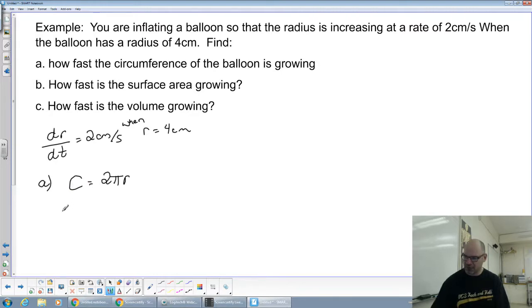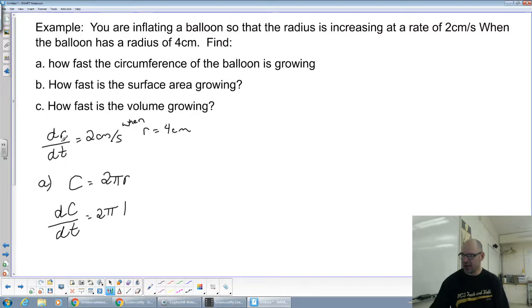So what we do is we take this and we go dc dt. We want the circumference rate change with time, which we do know is going to be dc dt. And now we take the derivative of this with respect to r. So if you're thinking about it, 2 pi is just a number, so it stays there. The derivative of r is 1.